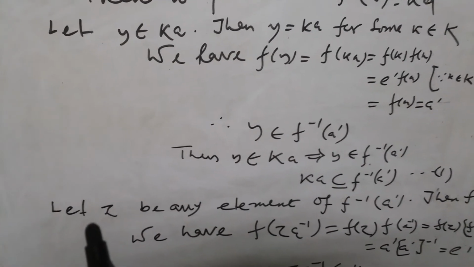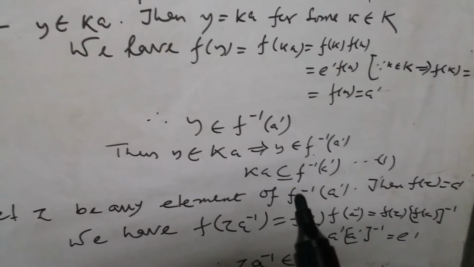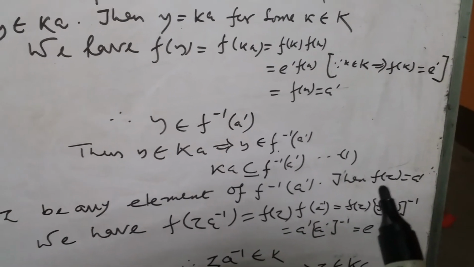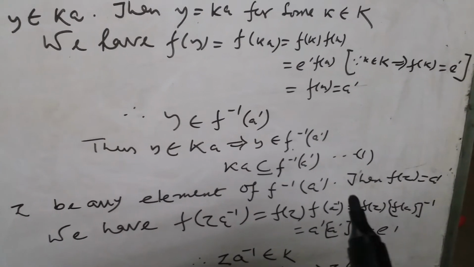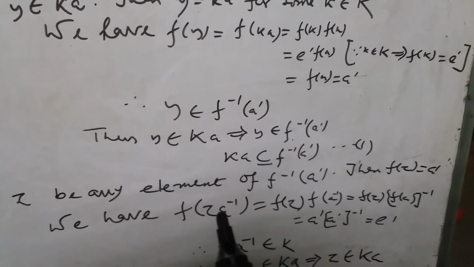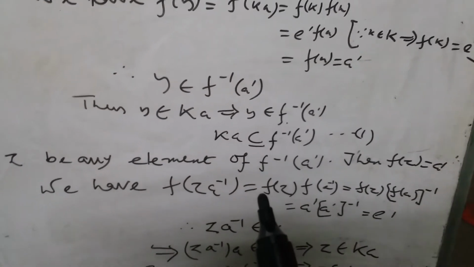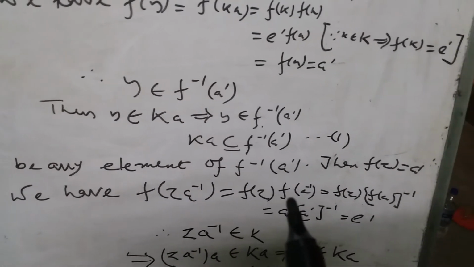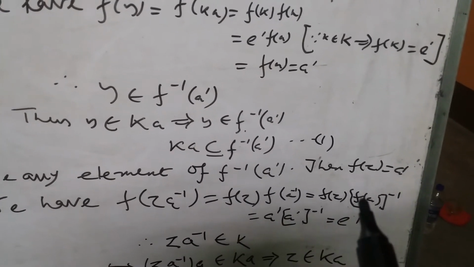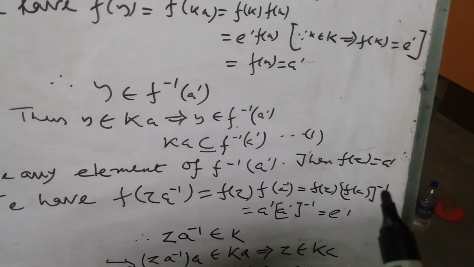Now let Z be any element of F inverse of A dash. Therefore F(z) is equal to A dash. Now F(z a inverse), from homomorphism, we can write F(z) F(a) to the power inverse.